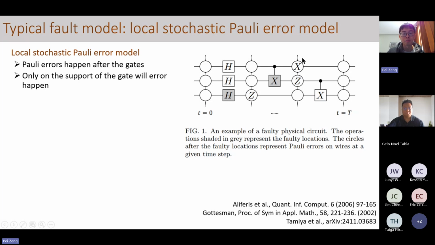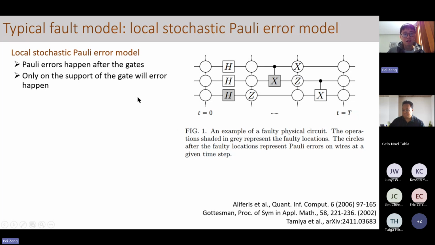People consider this stochastic Pauli error model for simplicity of theoretical analysis, and it is also somehow the worst-case analysis because every Pauli error happens with uniformly distributed probabilities.